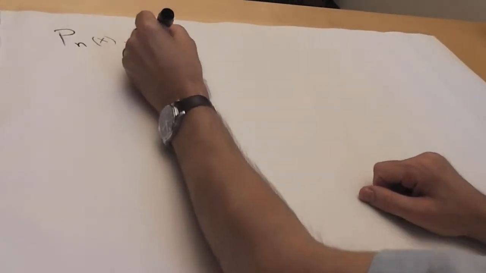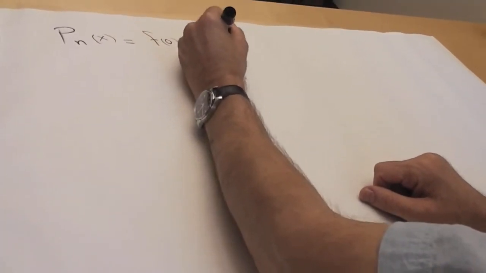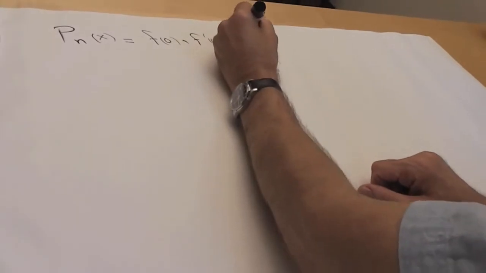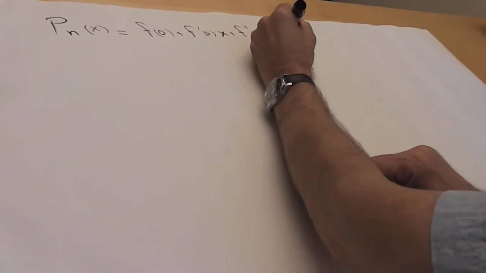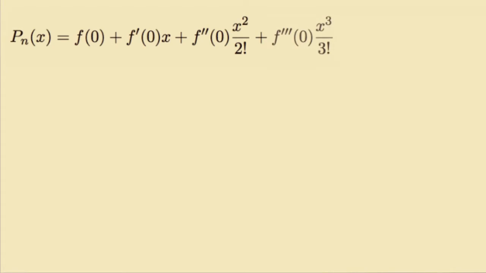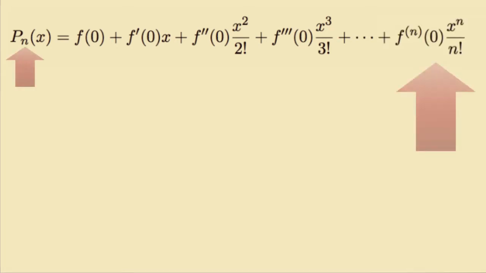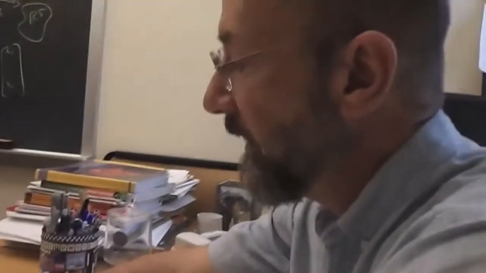It's Pn of x equals f of 0 plus f prime of 0 times x plus f double prime of 0 times x squared over 2 factorial plus f triple prime of 0 times x cubed over 3 factorial, and then we'll say plus dot dot dot, and the last term will be the nth derivative of f at 0 times x to the n over n factorial. We use the parentheses here to represent the nth derivative.